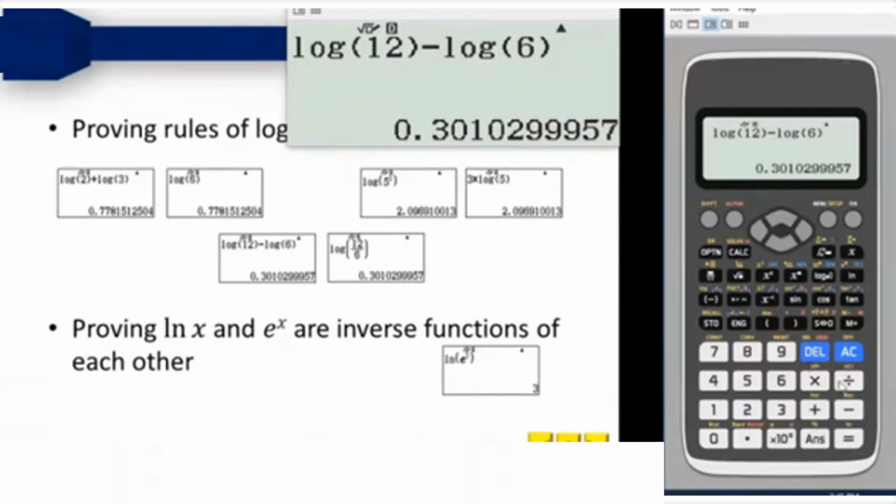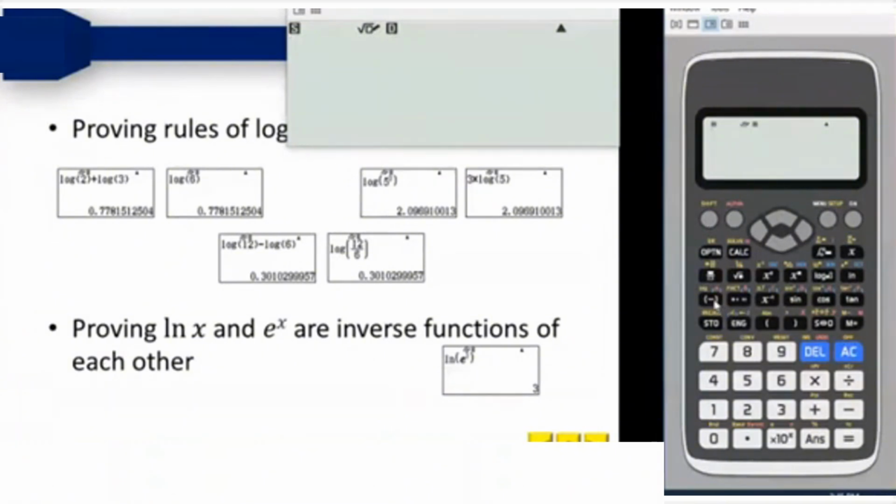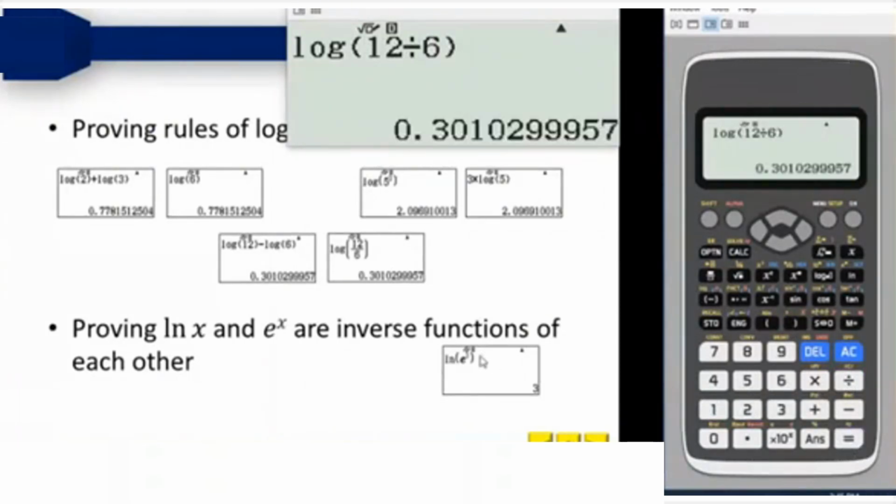But if I apply the second technique, when I subtract the two log functions it is the same as dividing the powers. So I'll do shift log 12 divided by 6 and close the bracket, and my answer is the same, 0.30103. So any rule of log can be proved through the calculator.